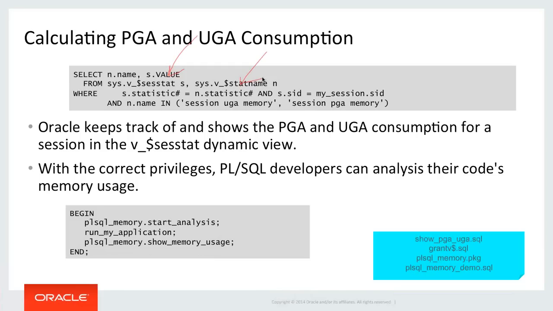This package allows you to hide all the details about these views, because you really don't want to have to remember all that stuff over and over again. It exposes a very simple API, a set of procedures and functions, so that I can say, start my analysis, run my application, show my memory usage. And that will automatically calculate and show me the PGA usage.